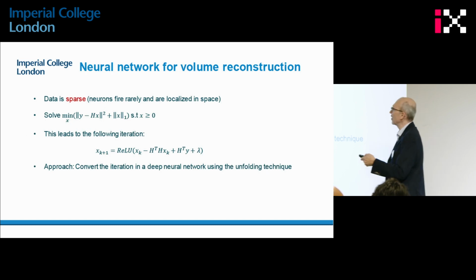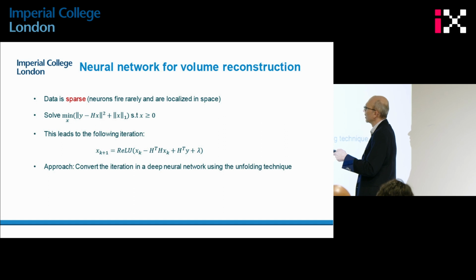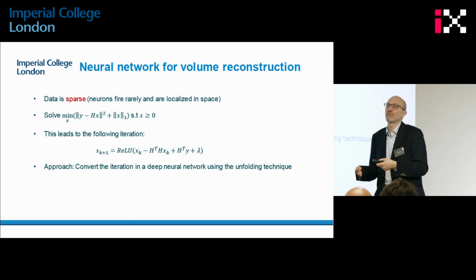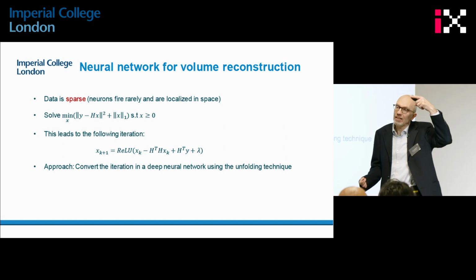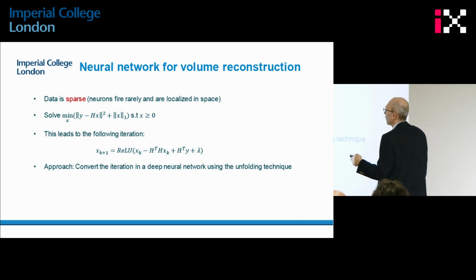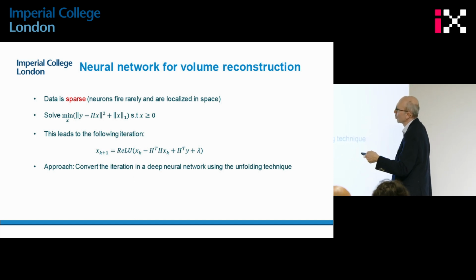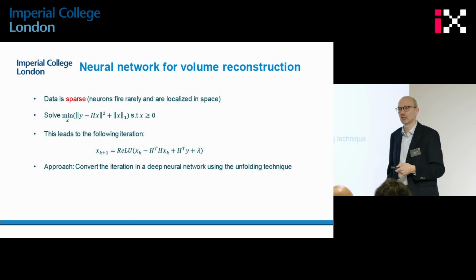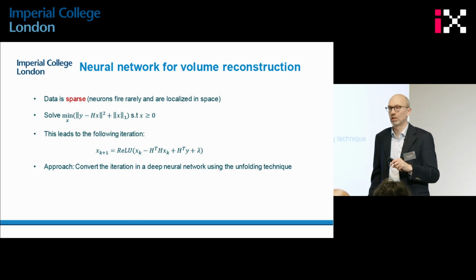The other thing is that, as we said before, the volume we are trying to reconstruct is in itself sparse. And so we can do that sparsity recovery that was mentioned before. So I can try and do this optimization using that same iterative method that I mentioned at the beginning. Okay, the only difference now is that rather than having the soft threshold as nonlinearity, I'm back to the ReLU nonlinearity.